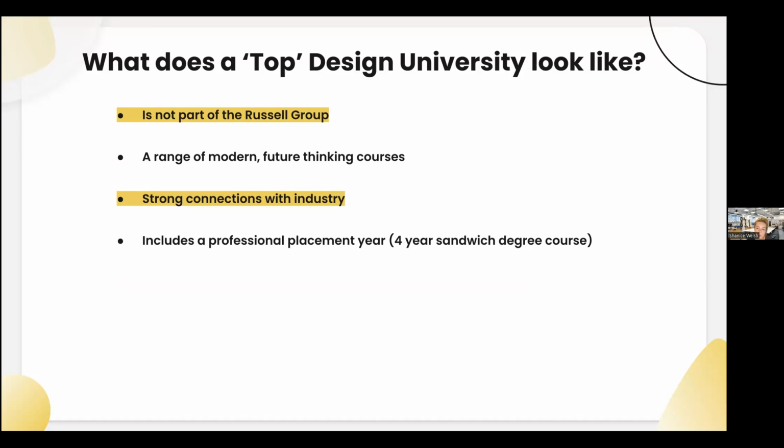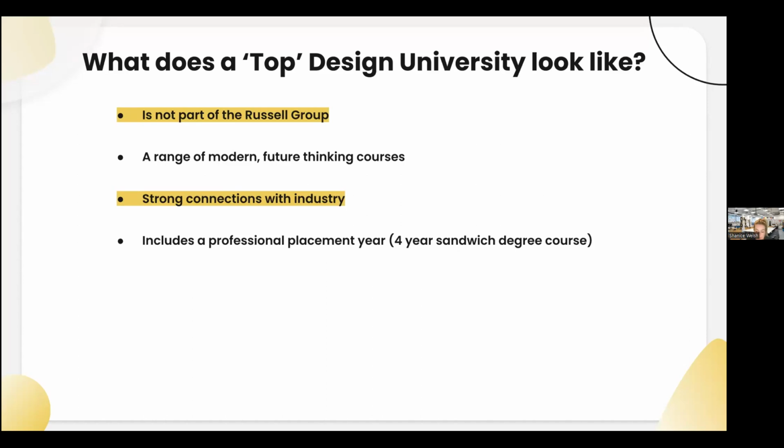And another good thing to look for is a placement year. A lot of the design degree courses will say that they offer a professional placement year, and sometimes they call this a sandwich degree course. This means that rather than studying just a 3-year degree in design, the course will be 4 years long, and one of those years is a year where the student goes to work in industry for the entire year.